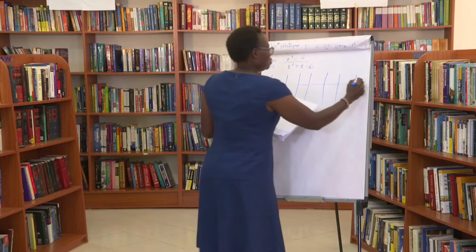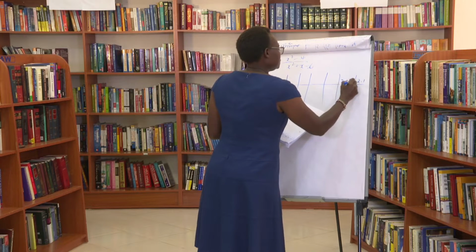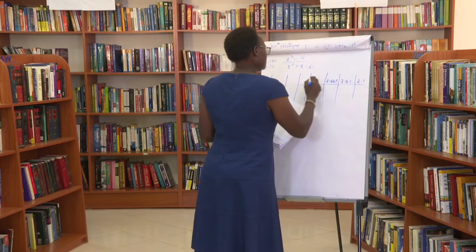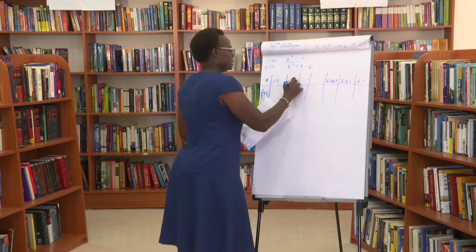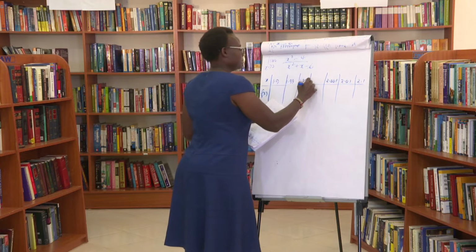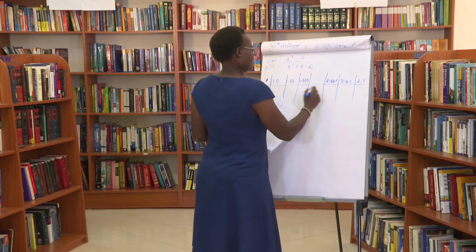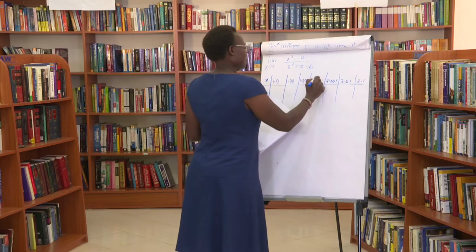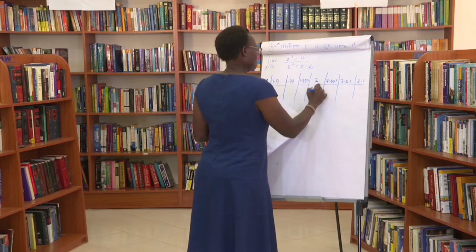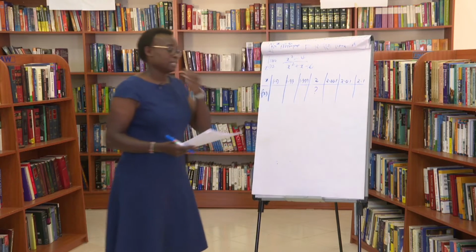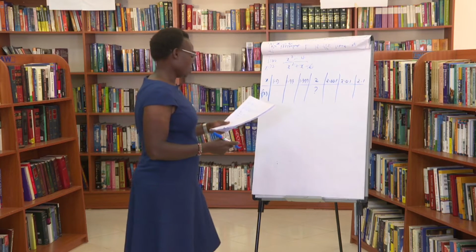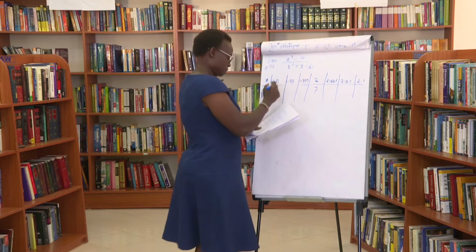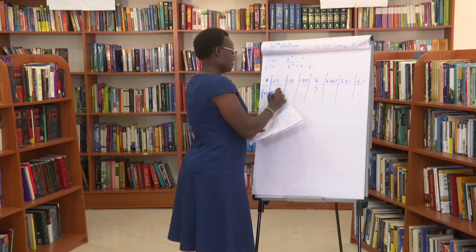So we can pick 2.1 here, 2.01, 2.001. This side we can pick 1.9, 1.99, 1.999. This can be our 2. We know that the function is not defined at that point. So at 1.9, this will give us 0.79591.